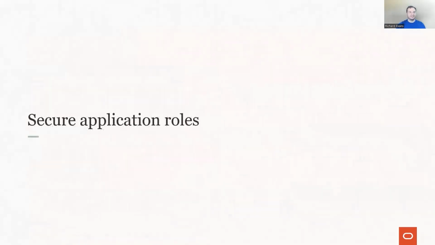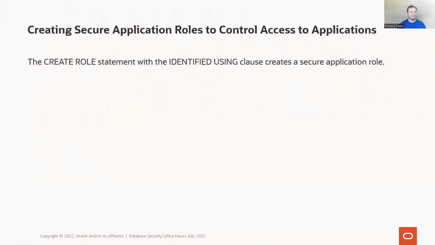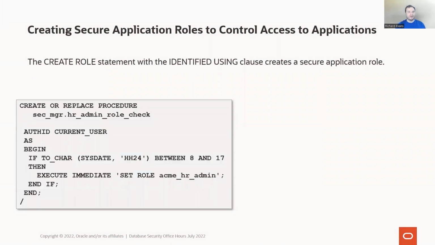Let's get to some of the fun secure application role stuff, okay? I really enjoyed this section here. This was a lot of fun, okay? So with our create role statement using the identified using clause, we're going to create a secure application role. First thing we're going to do is create a procedure, our HR admin role check.